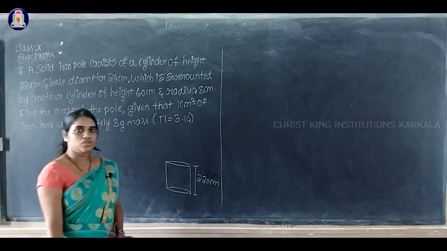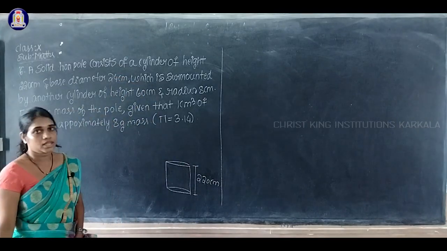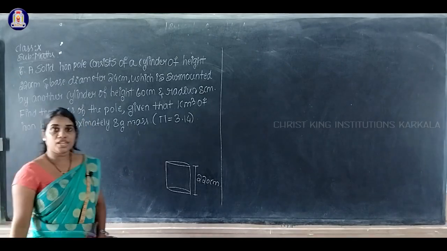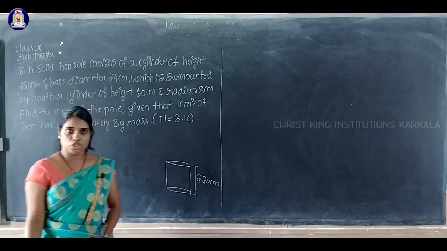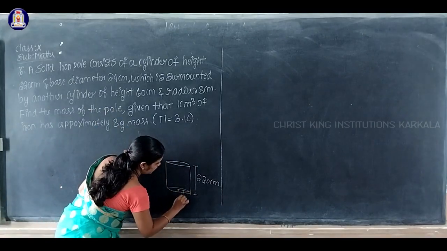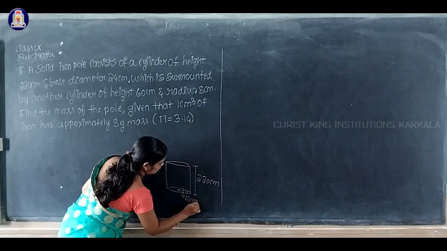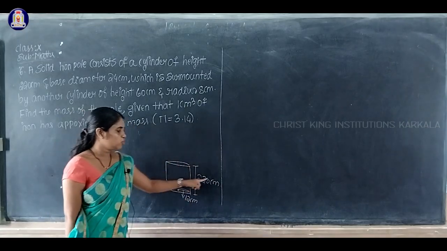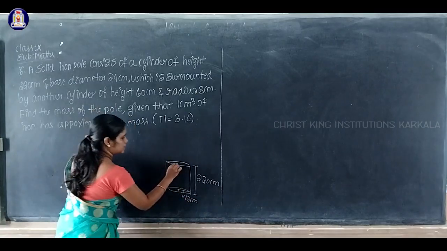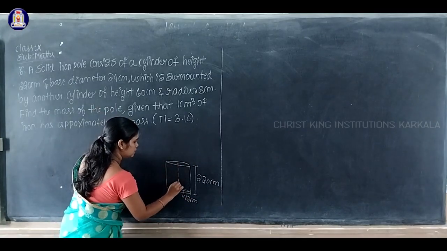If diameter is 24 centimeter, then what about radius? Radius is equal to half of the diameter. What is the half of 24? Half of the 24 is 12, isn't it? So therefore, what is the radius? Radius is 12 centimeter. Okay, height is 220 centimeter, radius is 12 centimeter. Okay, yes. So this is height.